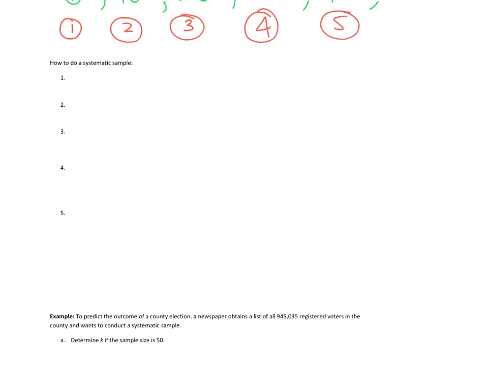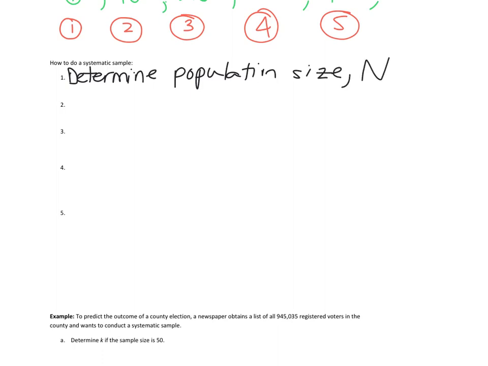Your first step is you have to determine or estimate your population size. The letter we use for population size is capital N. Then based on your time and your money, so essentially your resources, you want to try to get the biggest sample size possible.